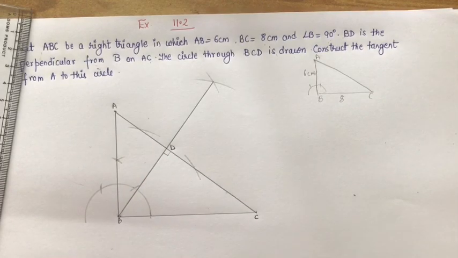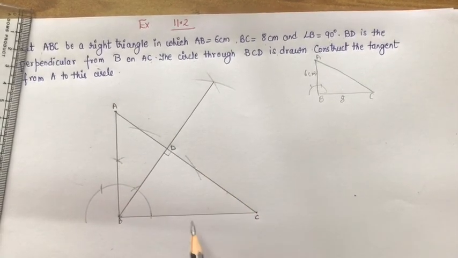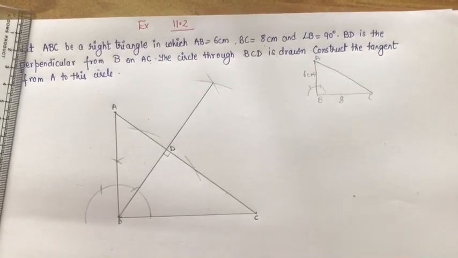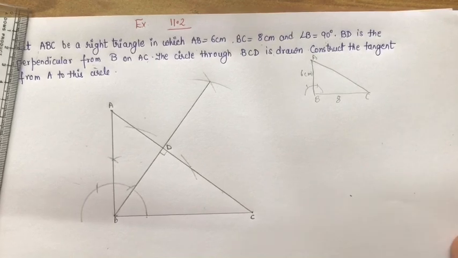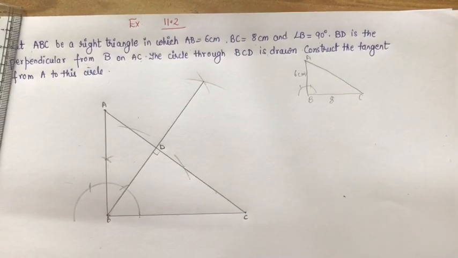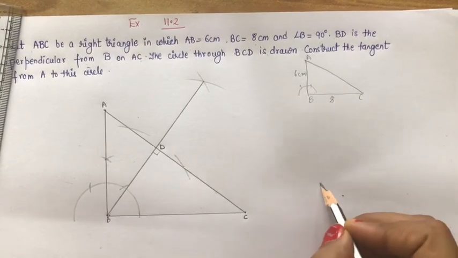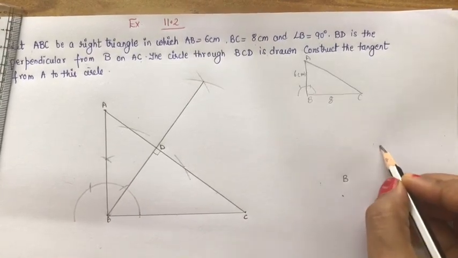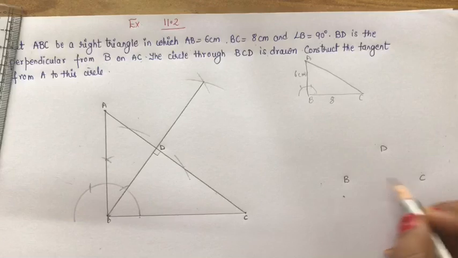How are we going to construct this circle? To construct any circle, I need the radius. So which radius I will take to draw this? Where is the center? I need a center, I need a radius. So where is that? For that, just try to understand this point. Suppose, see, it is given like that. You have a point B, you have a point D and you have a point C, right?